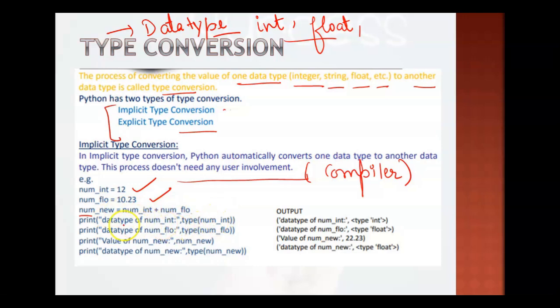When you check the data type, you know very well which function is used to check the data type of a variable: type. With the help of type, in brackets you write the variable whose data type you are checking. So type and then the variable.